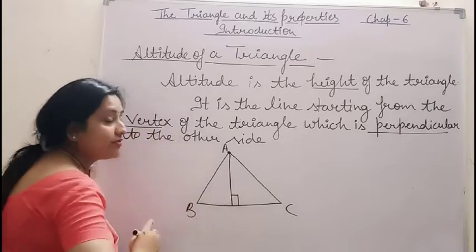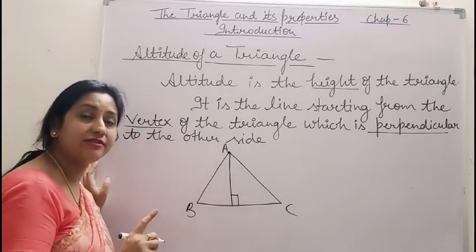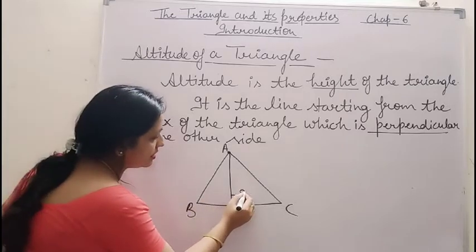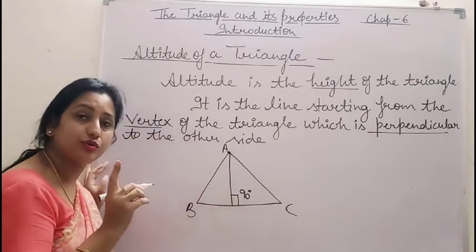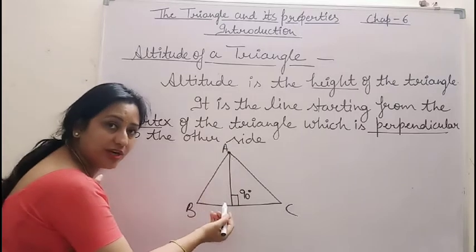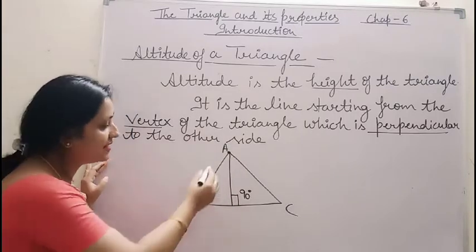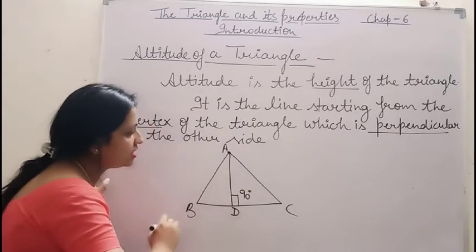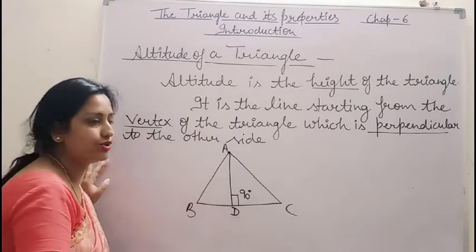We know that a perpendicular is a line touching the other line at an angle of 90 degrees. In a median, the line touches at the midpoint, but in an altitude the line touches at an angle of 90 degrees. Give it D. So here AD is an altitude.